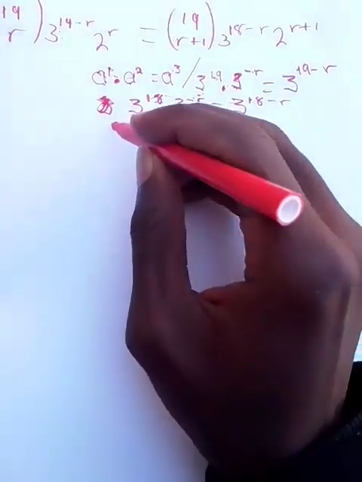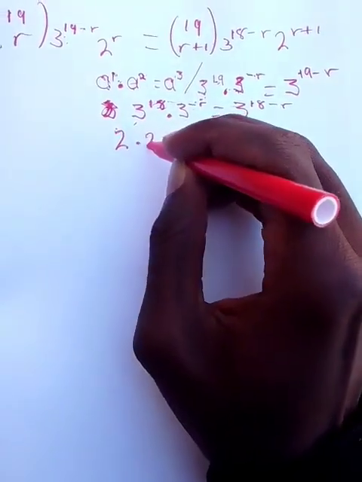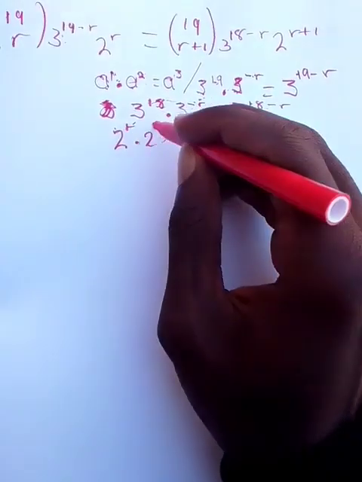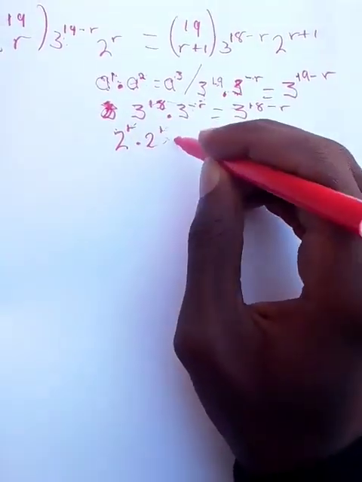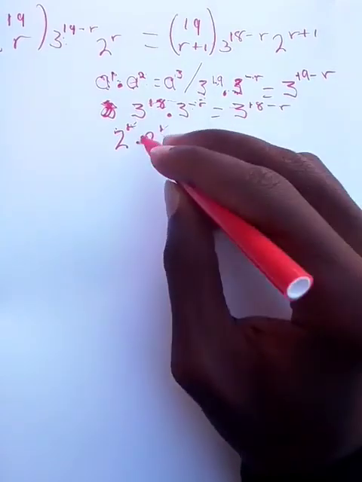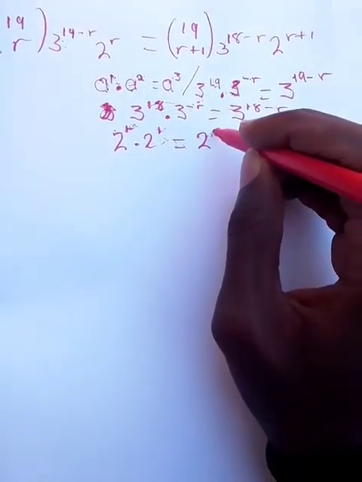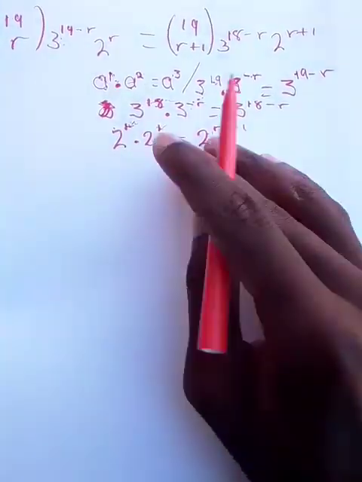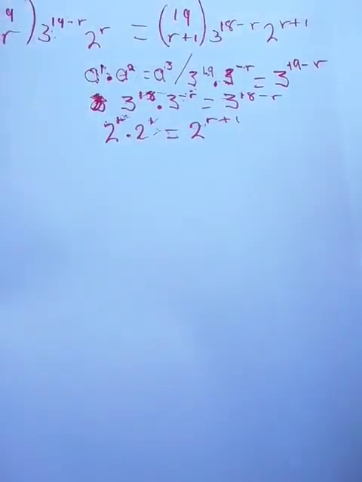Okay. Do you also know that if I have 2^r times 2, where this one is just having 1, I can simply write them as this plus this. That is going to give me r plus 1. Do you know that all this is possible? In case you didn't know, I hope today you know.